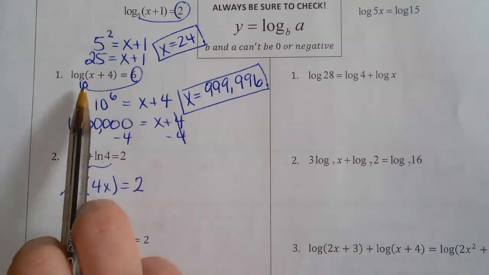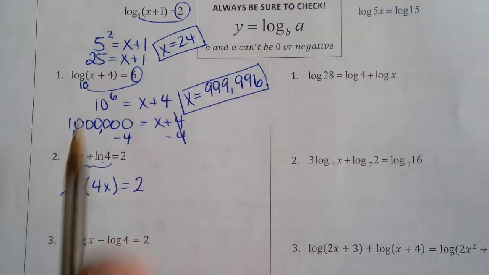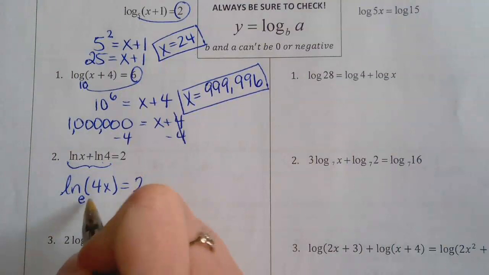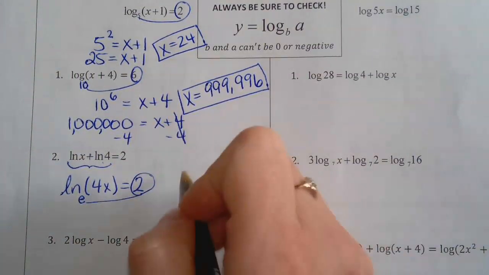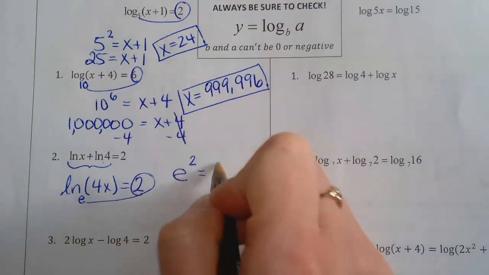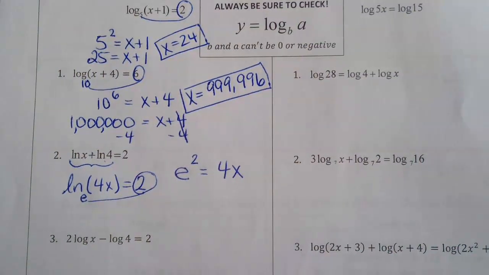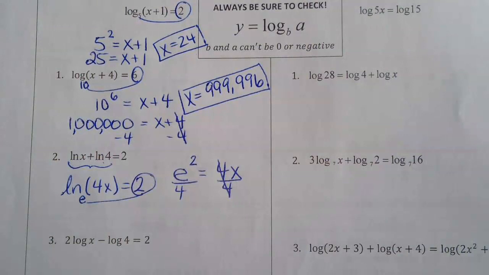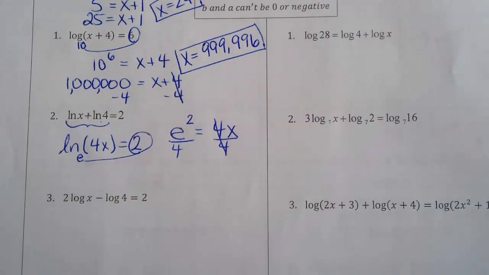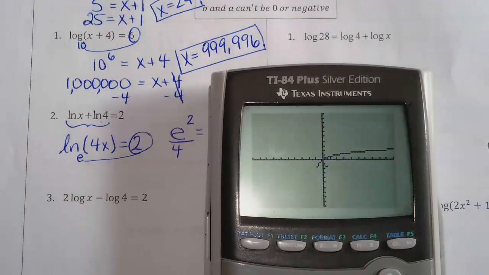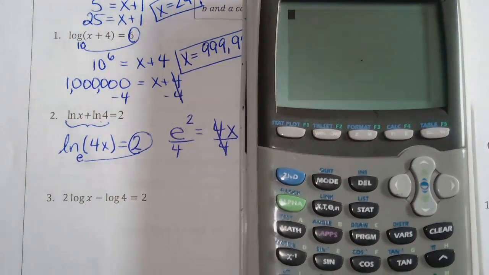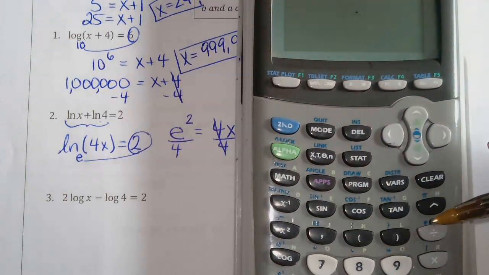Now, just like the last one, we said it had an invisible base 10, natural log has an invisible base e. So we can write that in to help us lasso the problem. So we have e to the second power is equal to 4x. E is just a number. It's the same e that we learned in PERT. It's the same number. So I'm going to leave it in terms of e, but just in case you did need an approximation, the e button is right here above the division.